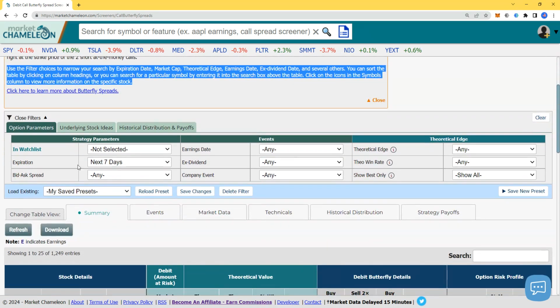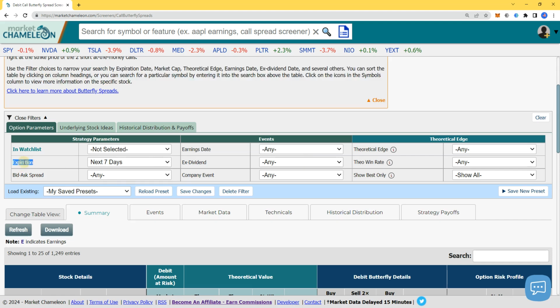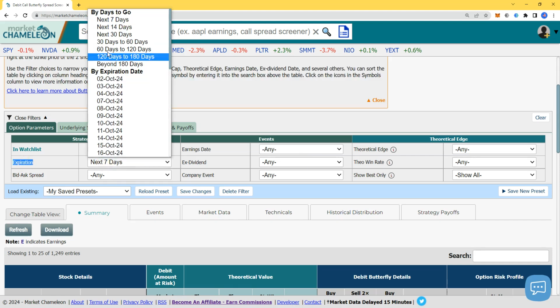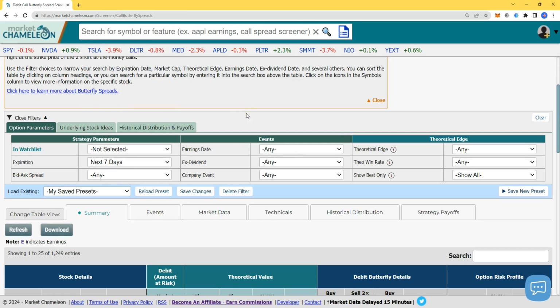This is the filter. You get a blank page of filters. I filter for expiration in the next 7 days. Why? Because I don't want to wait a month for the stock, and in a month a lot can happen. In 6 weeks, yes, you will probably get more, but I want time decay and I want it as fast as possible.